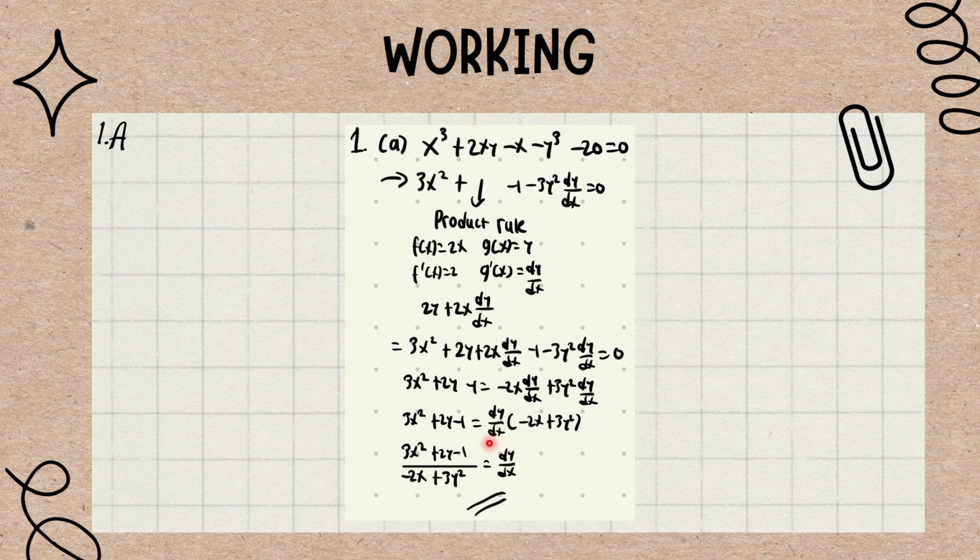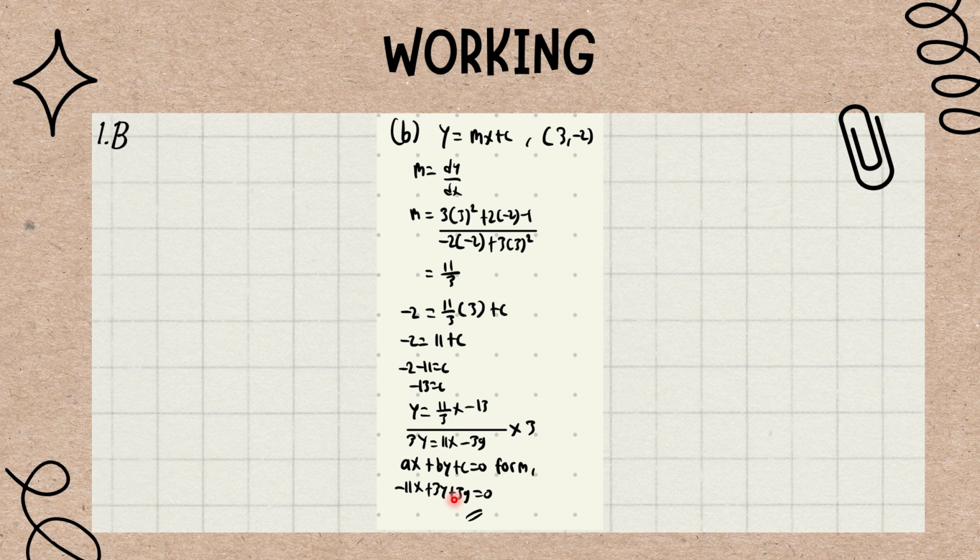So the equation will be 3x squared plus 2y minus 1 equals dy over dx multiplied by negative 2x plus 3y squared. And finally, we get the result for dy over dx is 3x squared plus 2y minus 1 divided by negative 2x plus 3y squared.